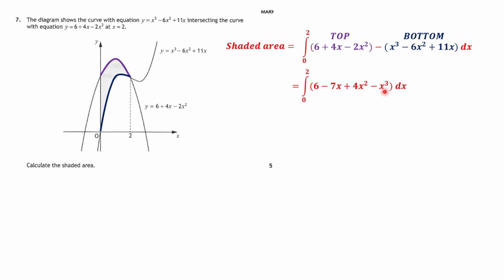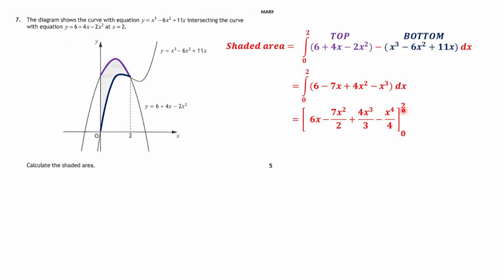Now we need to integrate this term by term, and here's what we get. When you integrate 6, you get 6x. When you integrate 7x, you raise the power and divide by the new power, you get 7x squared over 2. When you integrate 4x squared, you raise the power by 1 to get x cubed and divide by 3, that's 4x cubed over 3, and to find the integral of x cubed, it's raise the power by 1 and divide by 4.